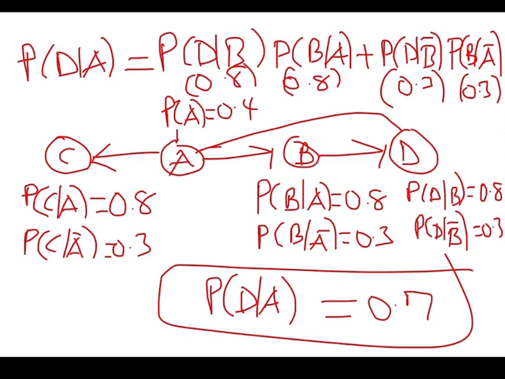The whole thing starts from the fact that the probability of DA is the probability of D, B, A plus the probability of D, B complement, A. You see why the B complement comes in? Because this is a total probability for DA. If you look at the structure, what is in between D and A?